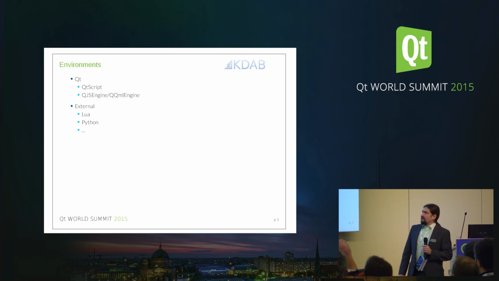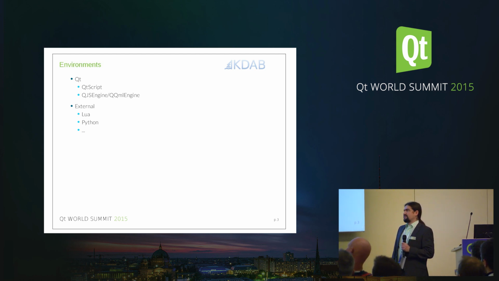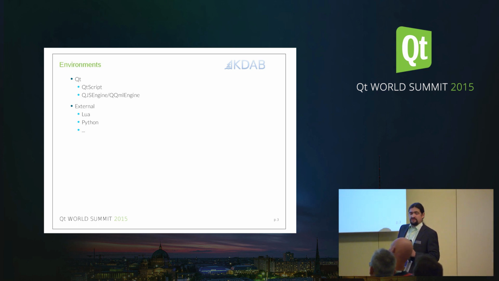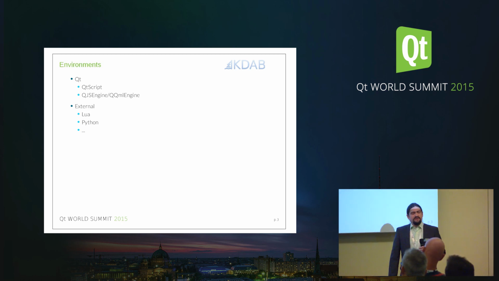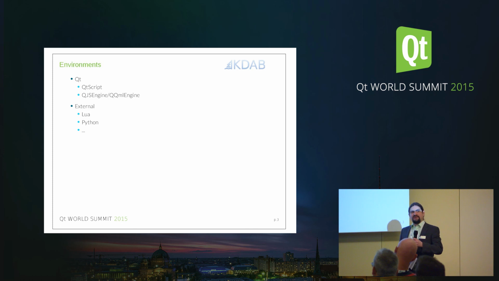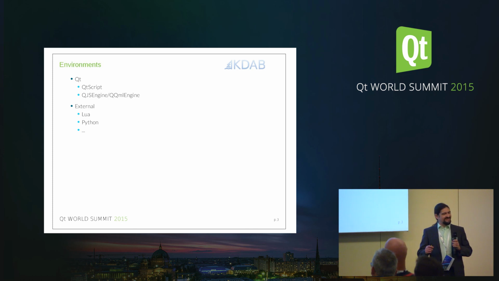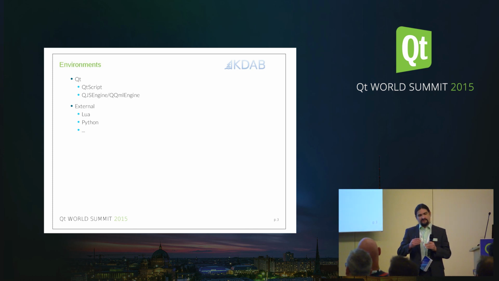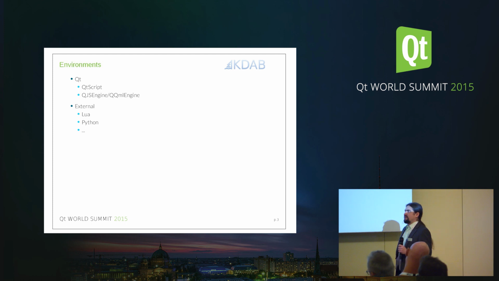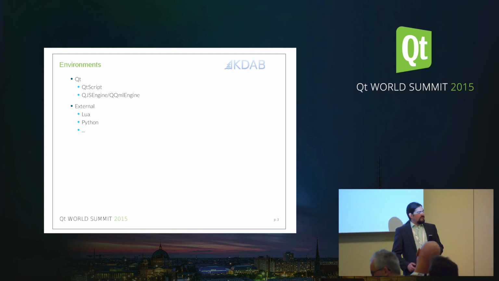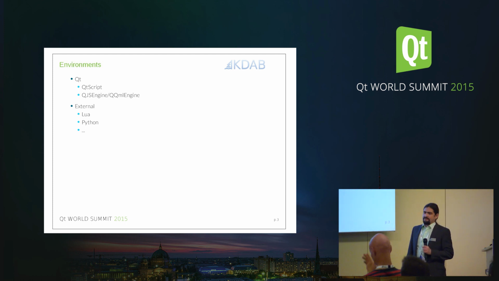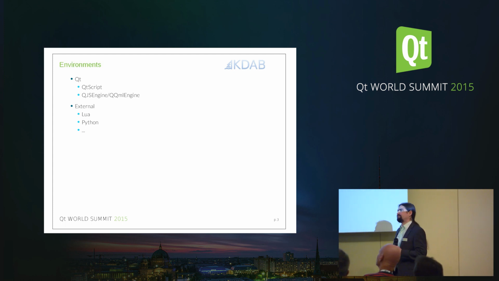There is this new thing, the QJSEngine, now also the base for QQmlEngine. That was planned as the successor. It is not a fully compatible solution to QtScript, doesn't have the same API, but it's still a very powerful JavaScript engine.